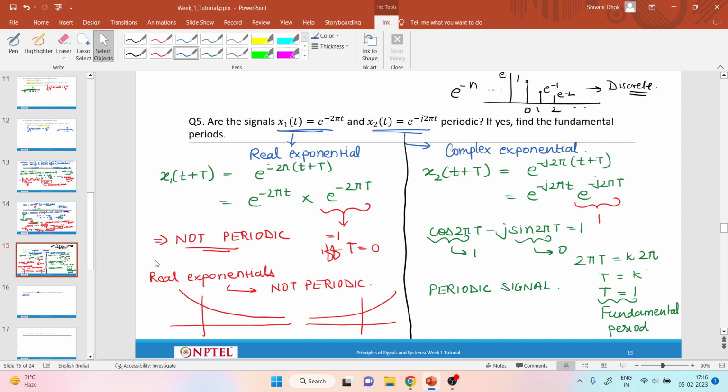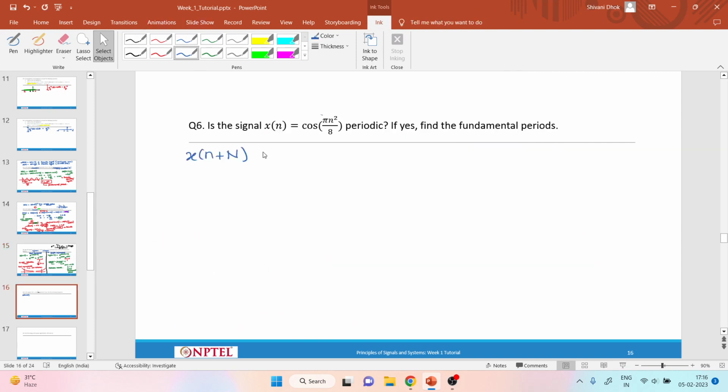Okay. So let us look at this x of n plus capital N. So this will be cos of pi by 8 into (n plus capital N) square. So this comes out to be cos of pi by 8 into (n square plus 2nN plus N square).